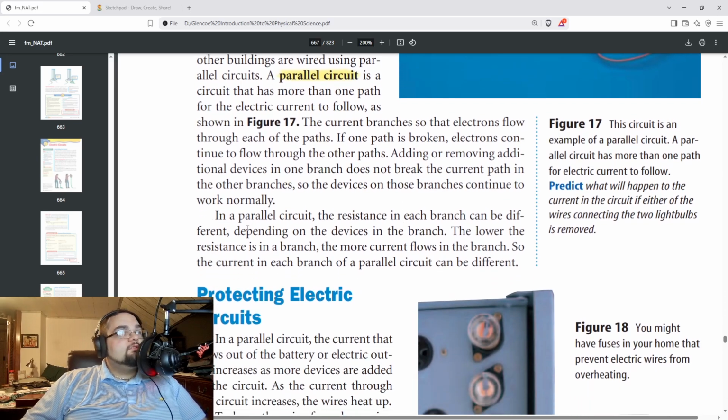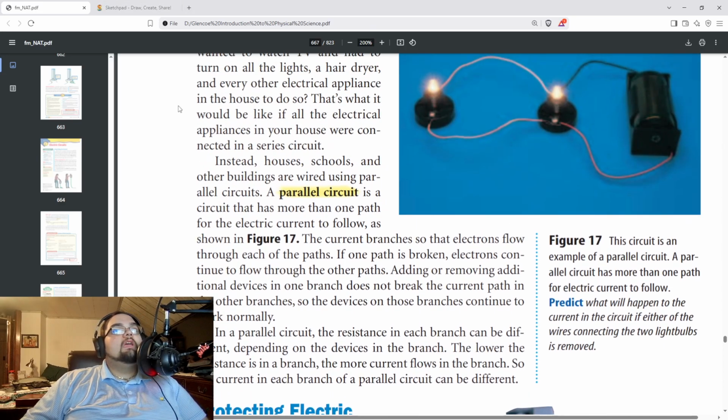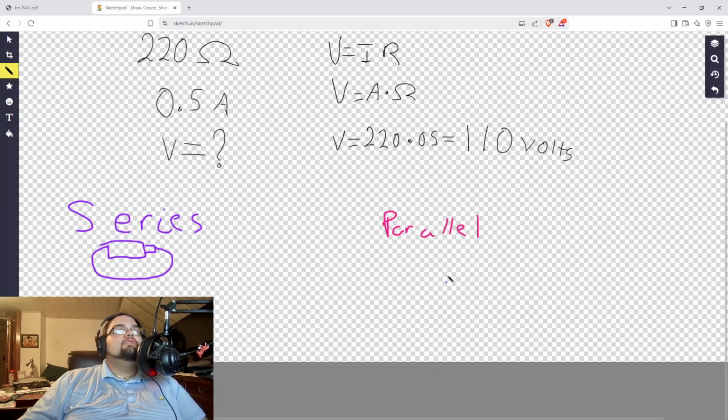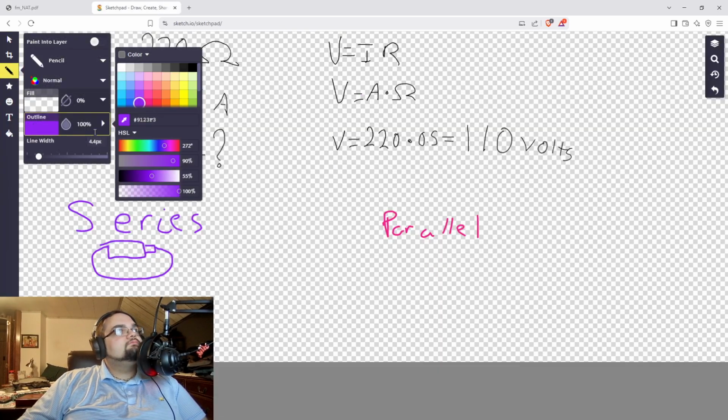In a parallel circuit, the resistance in each branch can be different depending on the devices in that branch. The lower the resistance, the more current. So current in each branch can be different. This gets a lot more complicated, but it allows for easier processing.